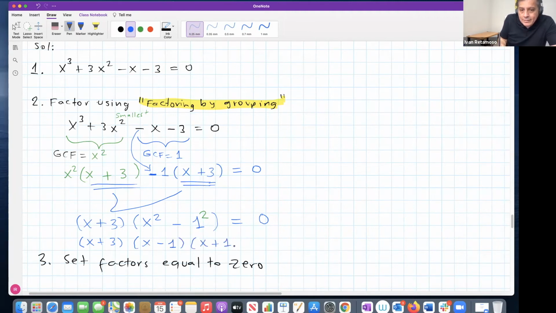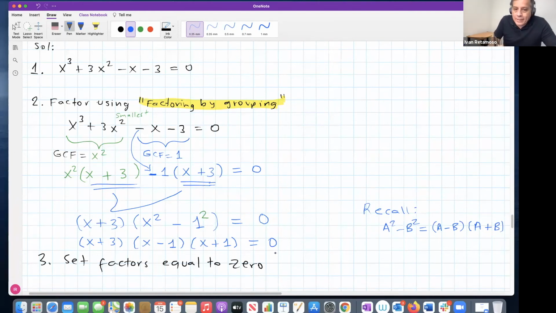This is using difference of squares. Let me write here on the side a note so nobody gets lost. Recall a squared minus b squared factors as a minus b times a plus b. It's called factoring using difference of squares. That's what I use to factor this completely. Maybe I can write here factor completely, as much as you can.